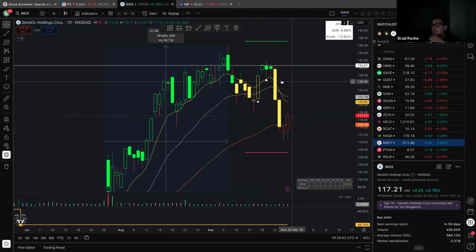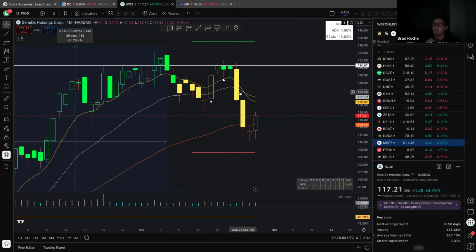I could have taken it above the 130 resistance on this day here, but I didn't because it wasn't showing much strength in comparison to SPY, and I felt like SPY was going to pull back, so I decided to sit out from that trade and wait until SPY pulled back, which it did.